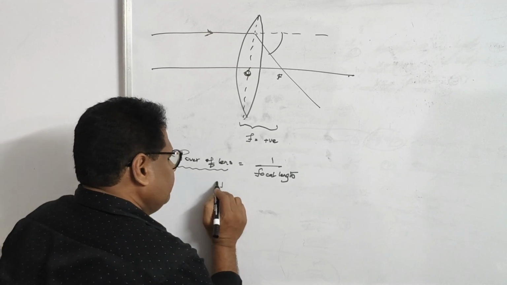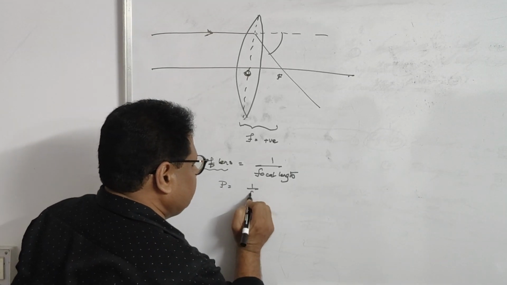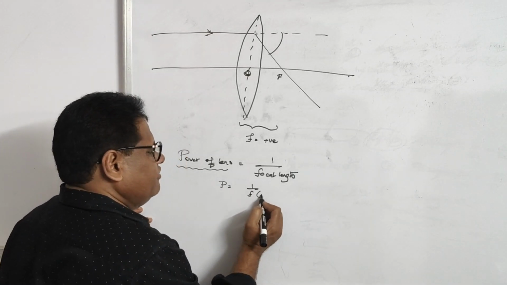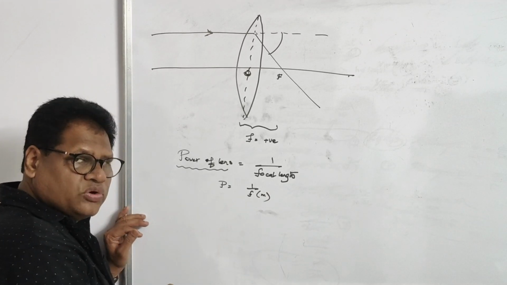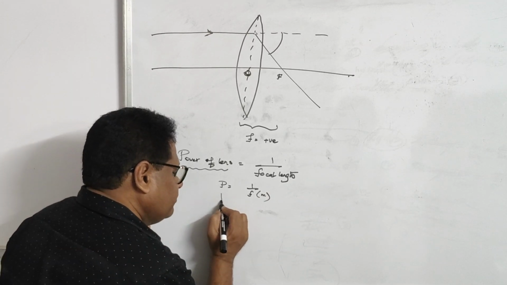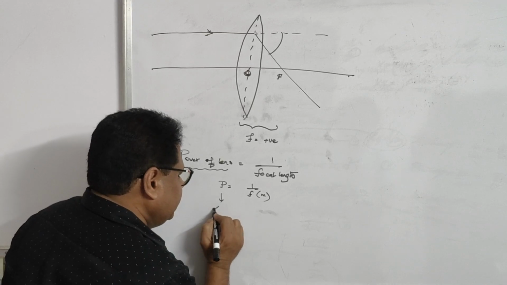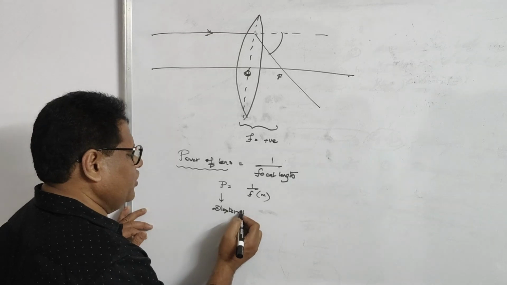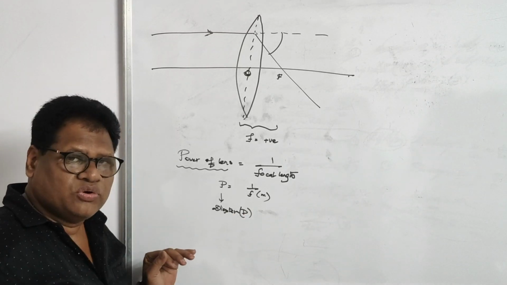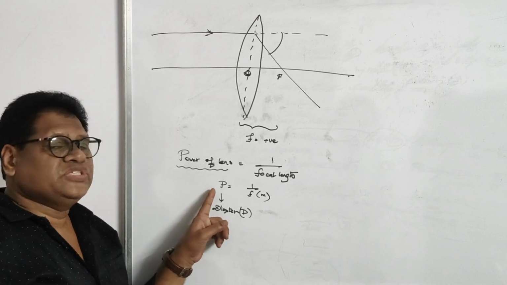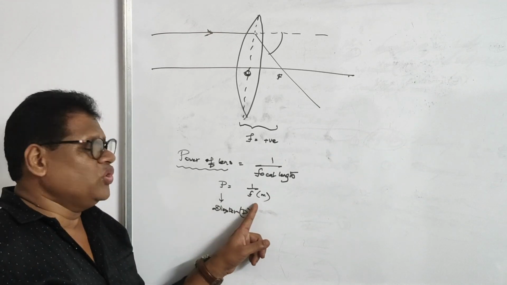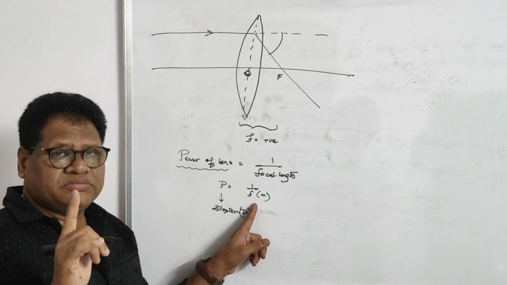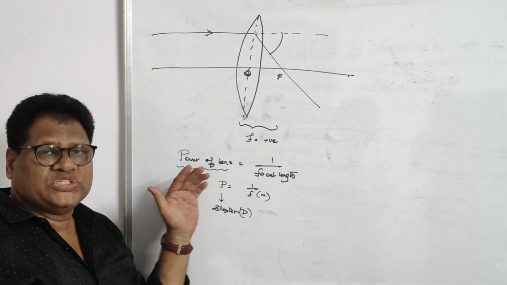Symbolically we can say P equals 1 by F, and this F has to be in meters, so that the power of the lens will be in diopters. This is the unit of the power of a lens. The power of a lens is said to be 1 diopter if the focal length of the lens is 1 meter. So this is about the calculation of power.